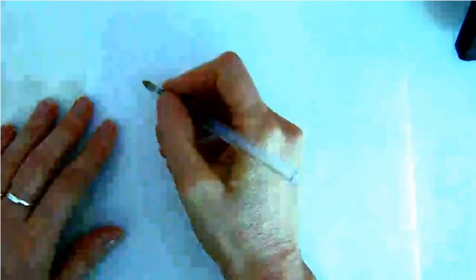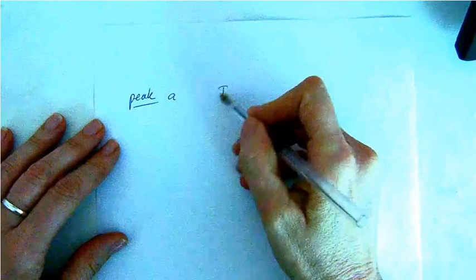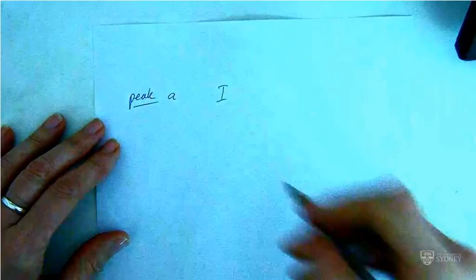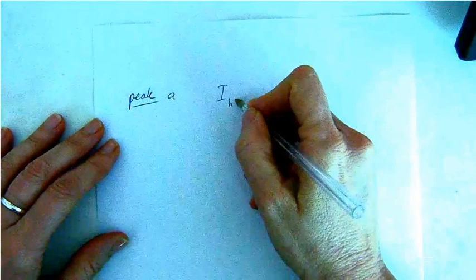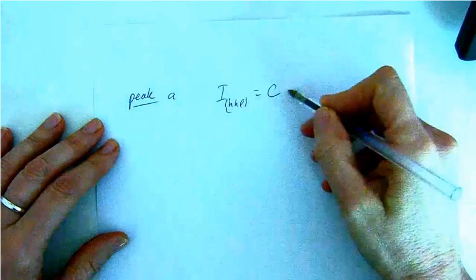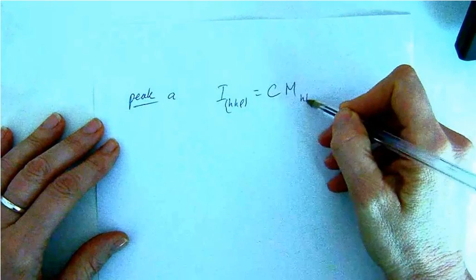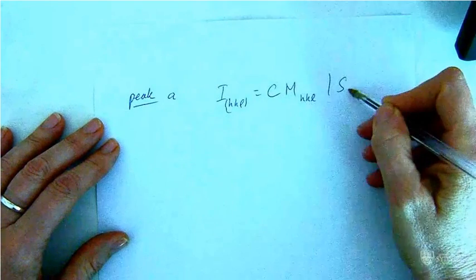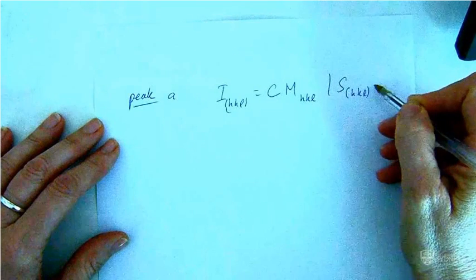So, remember, let's say for peak A, and remember our expression for the intensity, it was I_HKL equals C, M_HKL, structure factor F_HKL, all squared.